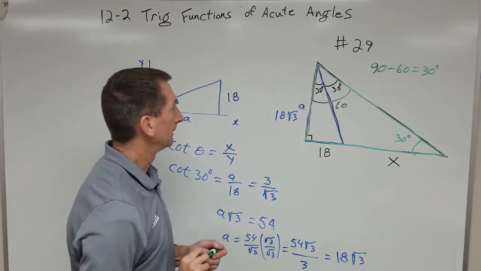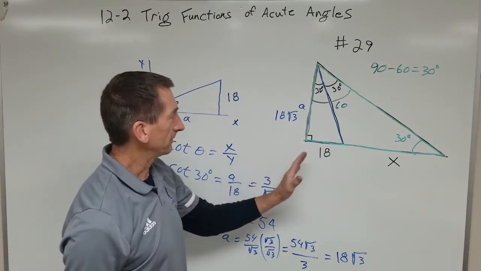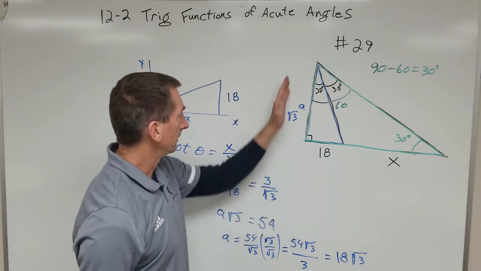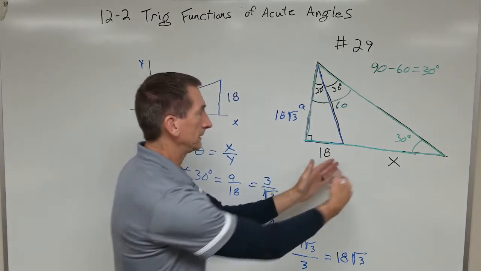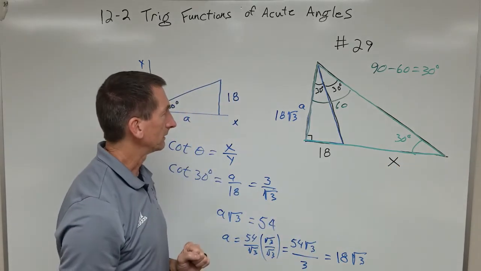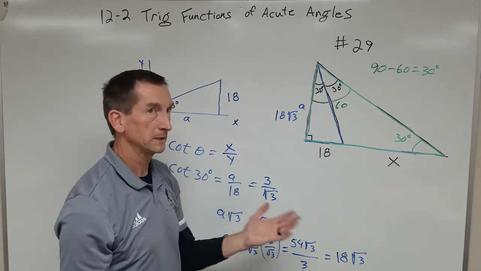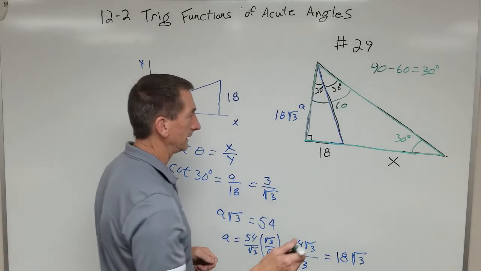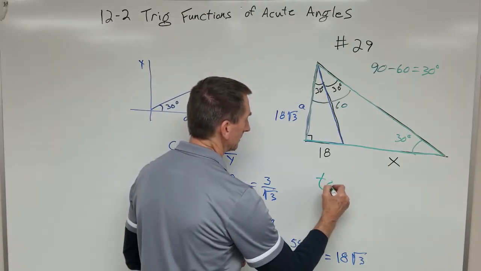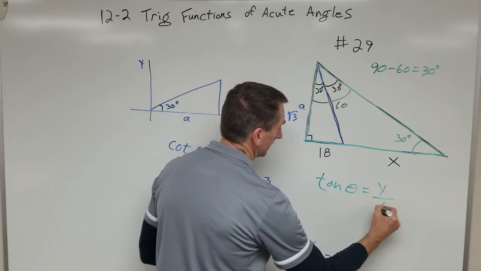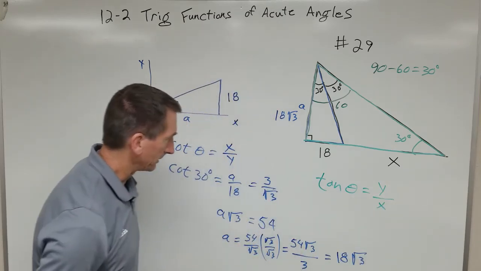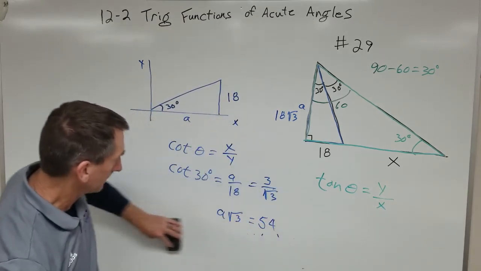That's nice. Okay, so I want a function that involves the height or y value and the length or the x value. So let's go for tangent. The tangent of an angle is y over x.